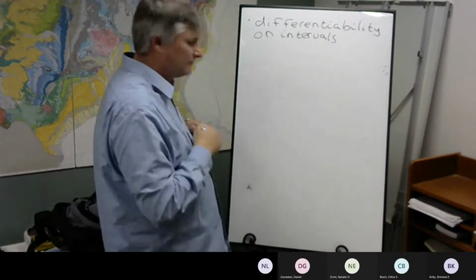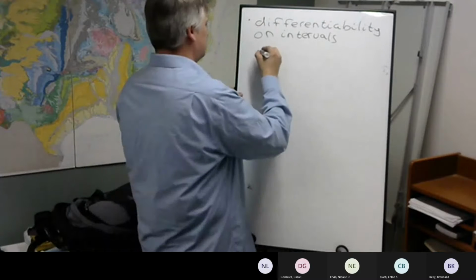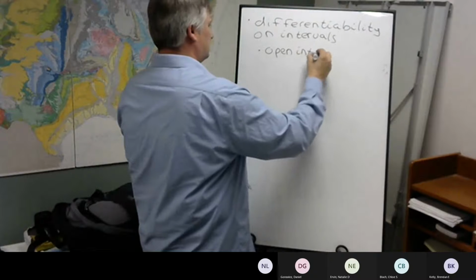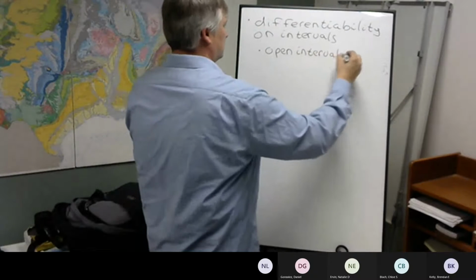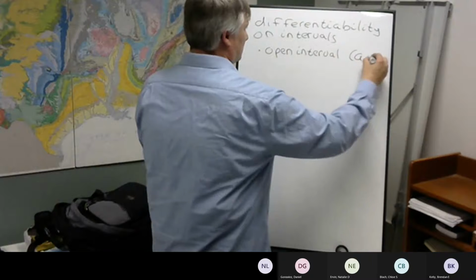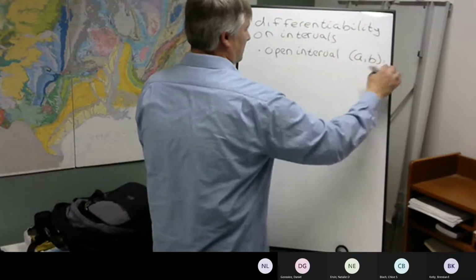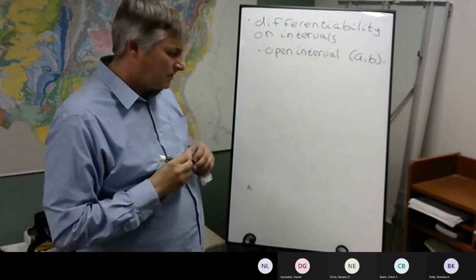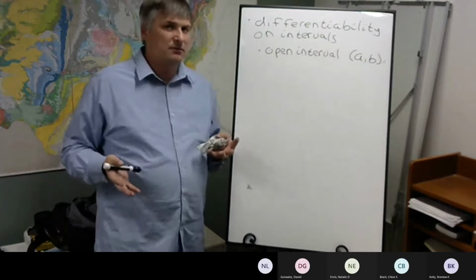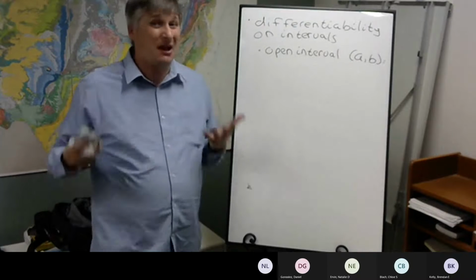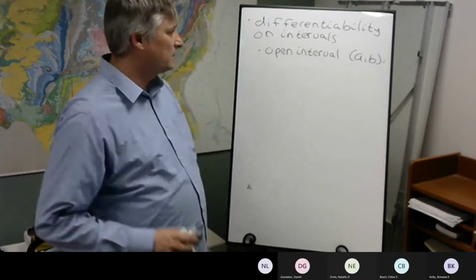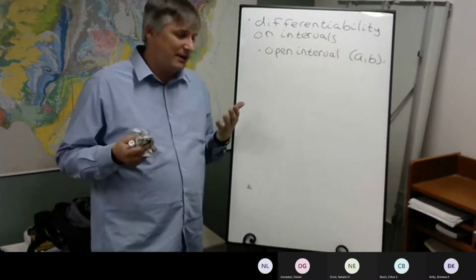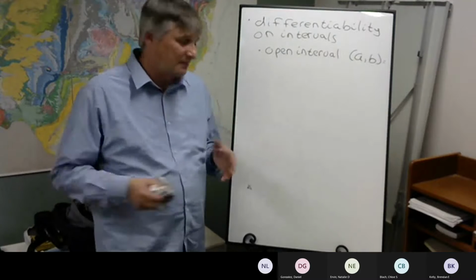So first off, on an open interval, and what this means, we're going to talk about when a derivative doesn't work. These actually can fail. So we're going to talk about sort of what it means to succeed, and then we're going to look at what causes these things to fall apart.